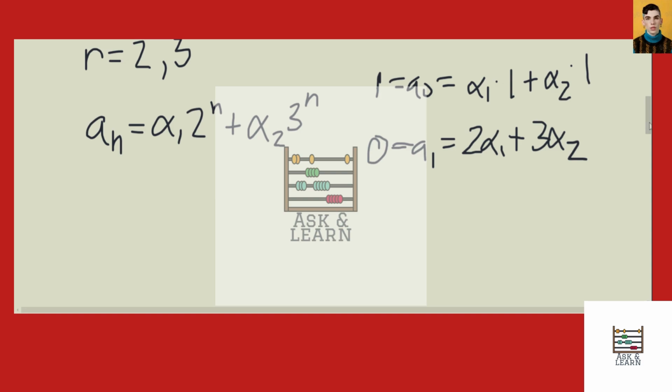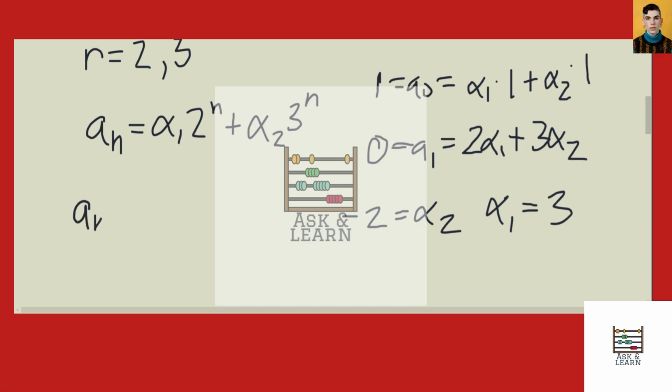And so if we subtract twice equation 1 from equation 2, we get negative 2 is equal to alpha_2. And by back substitution, alpha_1 is 1 minus alpha_2, which is 1 minus negative 2, or 3.